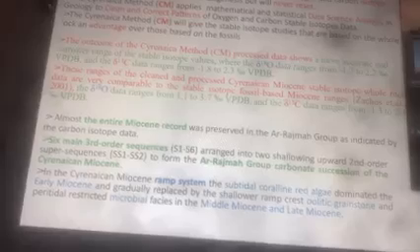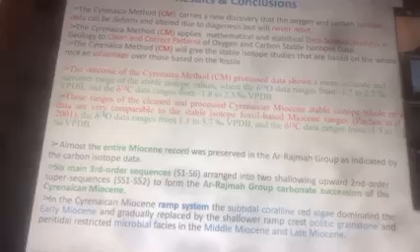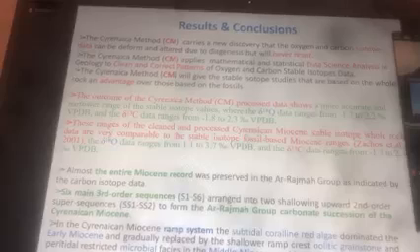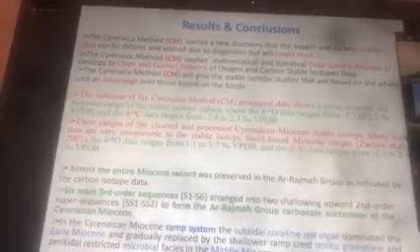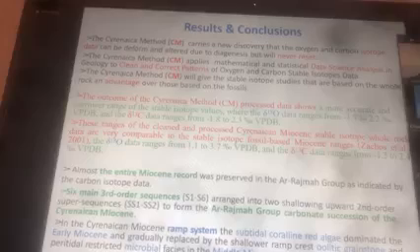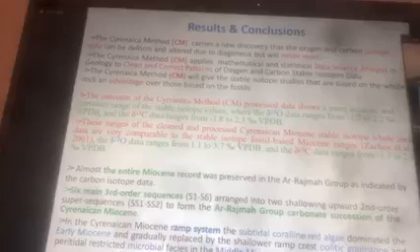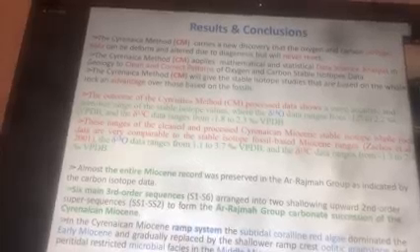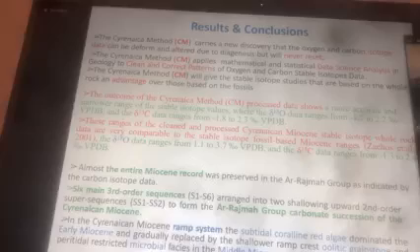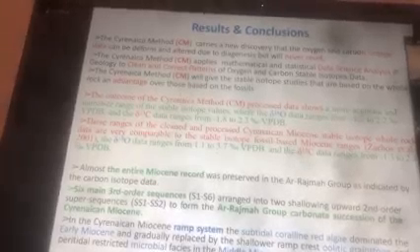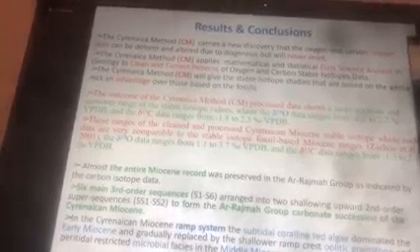And results and conclusions. The good news is, with the Cyrenaica method, here is a new discovery: stable isotope data never reset, and can be retrieved from diagenesis. If there's diagenesis, we can split the diagenesis signature from the original signature. The Cyrenaica method applies mathematical and statistical data science analysis in geology to clean and correct patterns of oxygen and carbon isotope data, as you saw earlier in the slides.